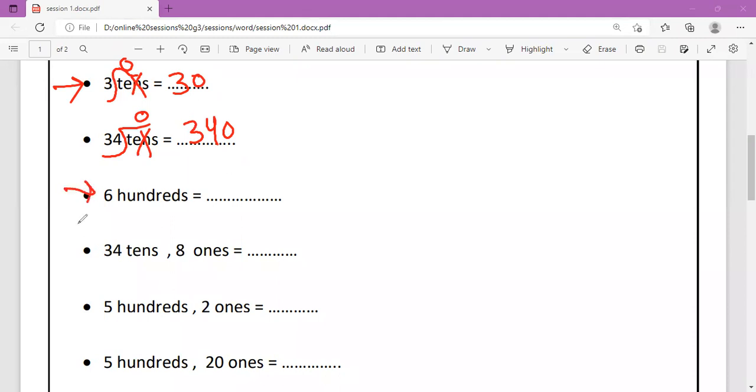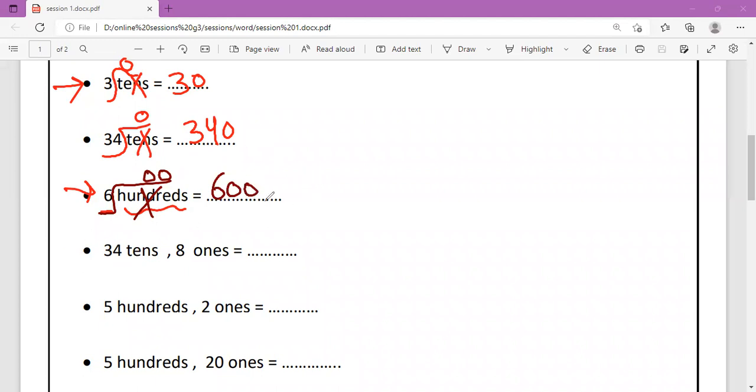What about this one? We have 6 hundreds. Hundreds has two zeros, if you remember. So it will be 600, that's right.